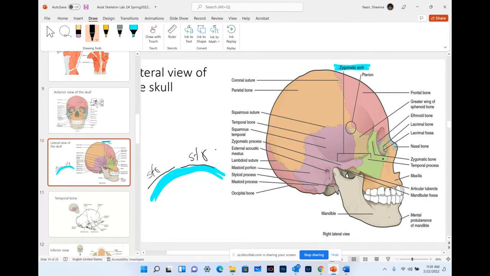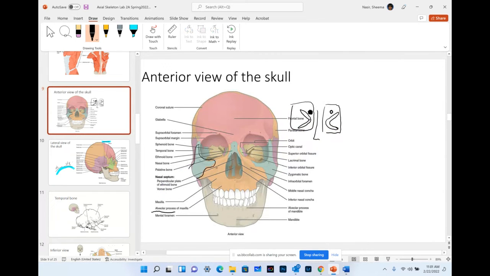Sorry, not zygomatic. Oh, another thing. People often write it zygomatic foramen. It's not. It's zygomaticofacial foramen. And it's not zygomatic facial. It is zygomaticofacial foramen. So it's going to be somewhere there. And if you are looking face front, then this foramen, zygomaticofacial foramen, is going to be right here.